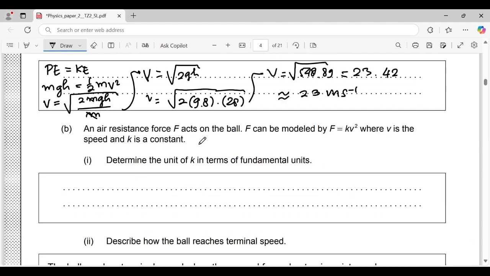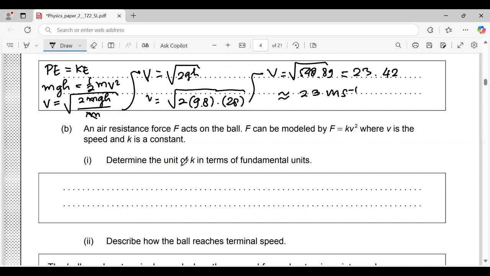An air resistance force F acts on the ball. F can be modeled by F equals k v squared, where v is the speed or velocity, and k is a constant.